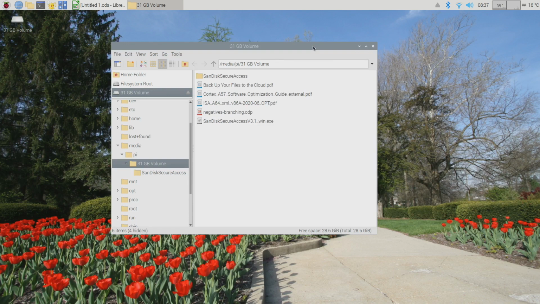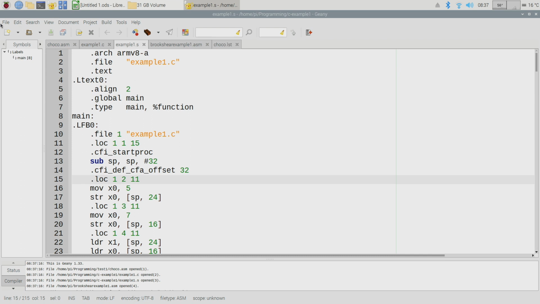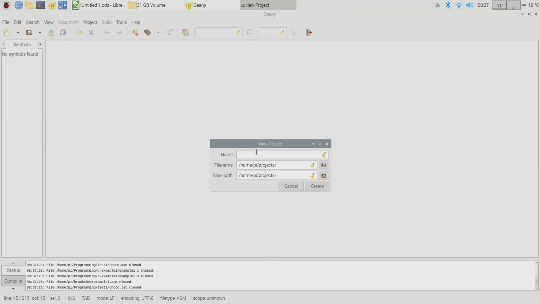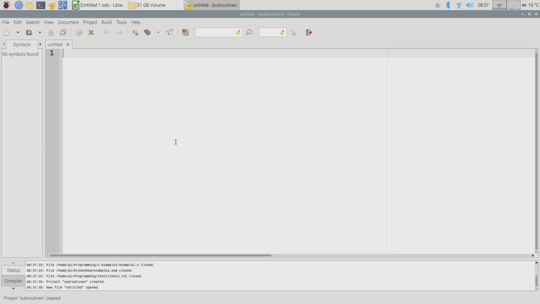Okay, so let me just open up Genie and let's write something. Let me do a new project, and let me call this subroutines project.